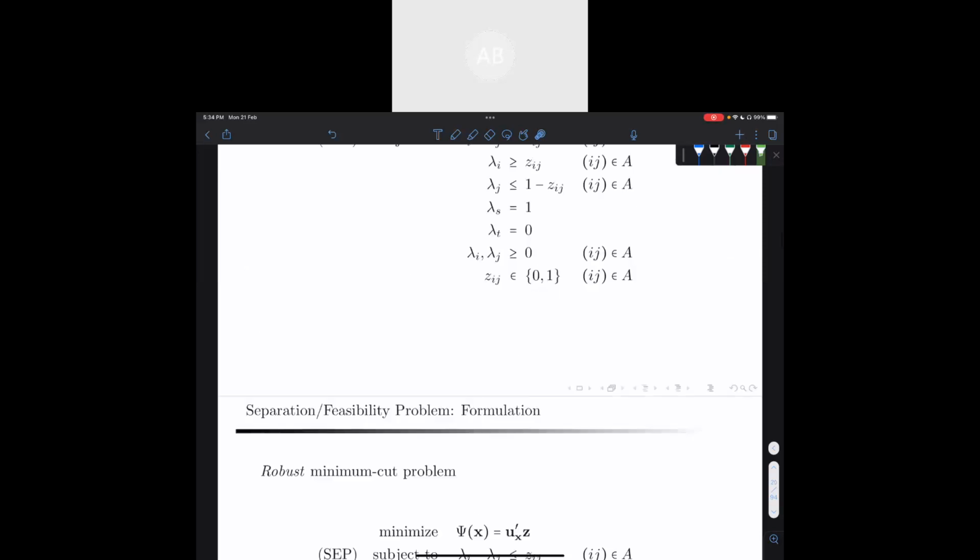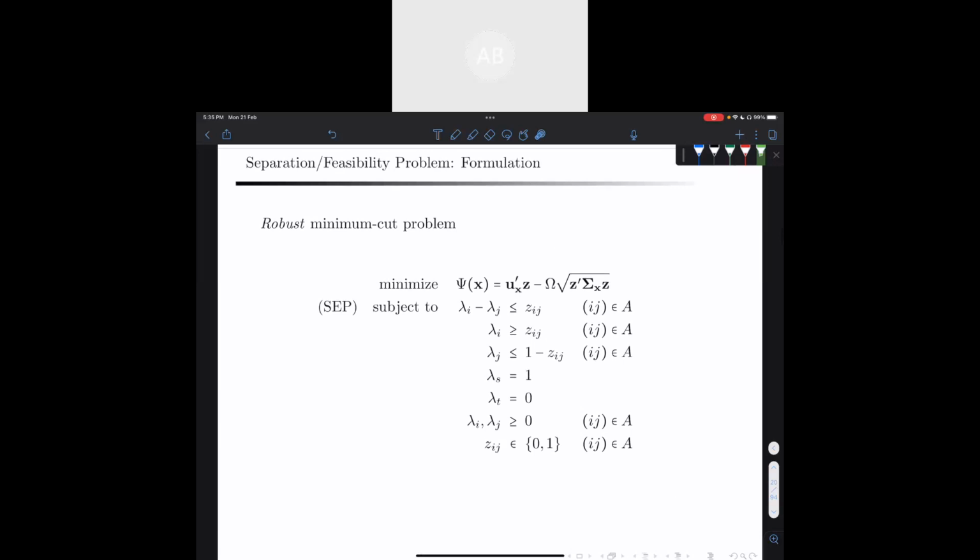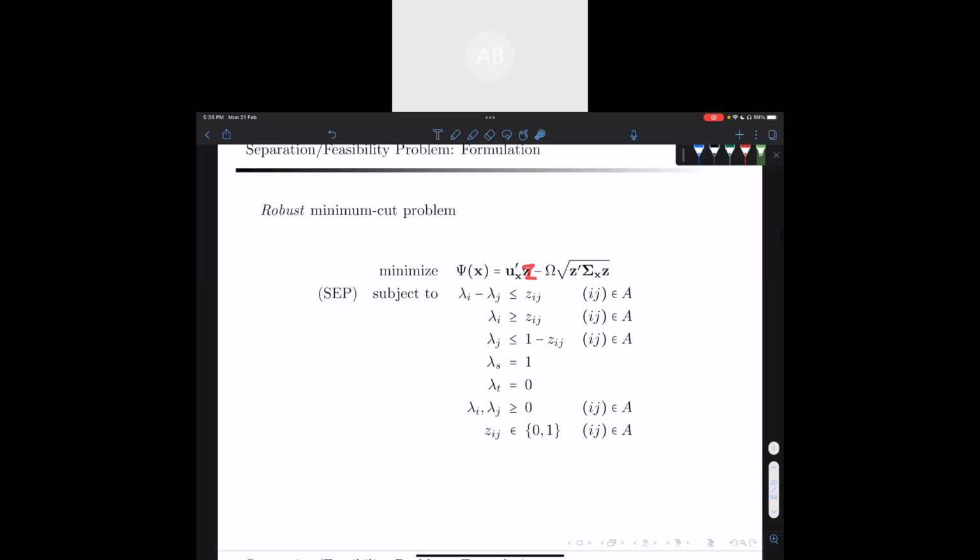And now we want to find a cut set that satisfies the minimum cut with this cut capacity, right? Because this is our robust cut. We want to make sure that this is greater than or equal to D. If the optimal value of this problem is less than D, meaning there is a realization of some cut which is less than D, then we can just add that cut into our master problem.